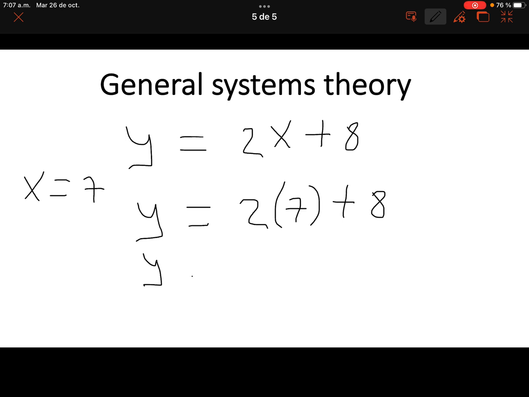Then Bogota's temperature is equal to 2 times 7 is 14 plus 8, because remember that the word problem said that it's increased by 8 degrees, and y, Bogota's temperature, is equal to 14 plus 8, that in this case is 22. Then when in Ottawa the temperature is 7 degrees, in Bogota the temperature is 22 degrees. Simple.